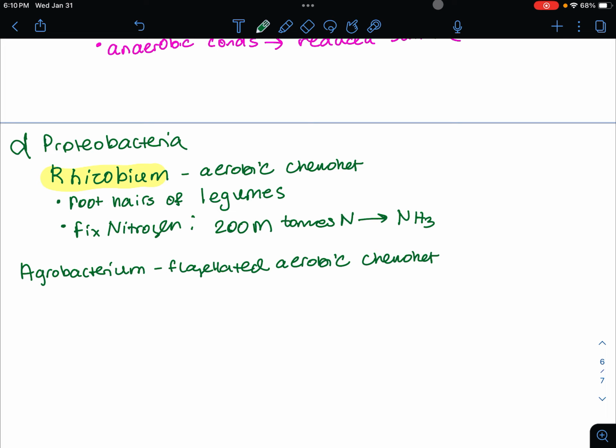They're also found in the soil. They're going to carry this very large and famous plasmid called the Ti plasmid. Again, this is one of those species that's used in bioengineering and biotech. Okay, so the Ti plasmid is going to encode functions for the transfer of the plasmid DNA, or the T-DNA, into plant cells.